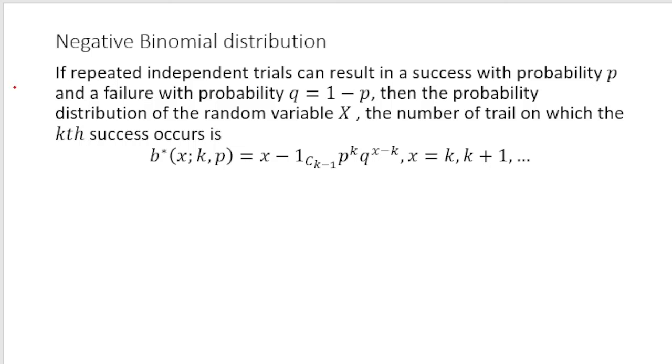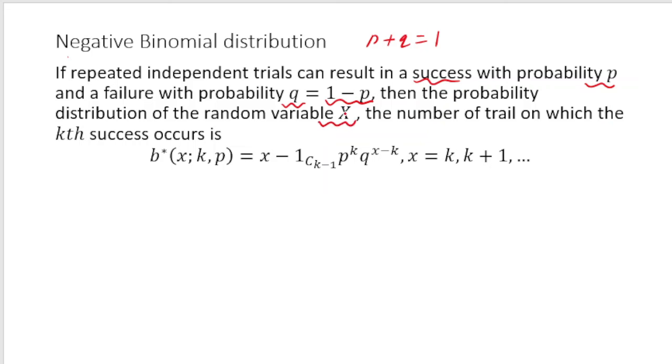What is the probability distribution for a negative binomial distribution? If repeated independent trials can result in a success with probability p and a failure with probability q, and you know that probability of success plus probability of failure should be equal to 1, so q will be equal to 1 minus p, then the probability distribution of the random variable x.